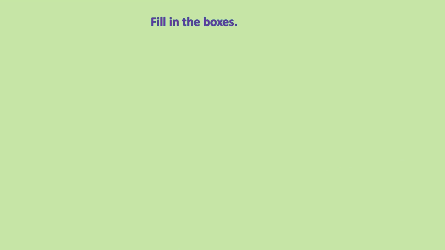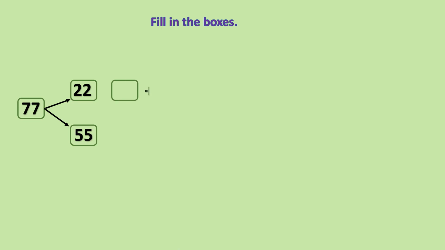Fill in the boxes. 77 is divided into two numbers, 22 and 55. You can take another number to divide 77. I will take 22 and 55. 22 and 55 make 77, and here we place the addition example first.